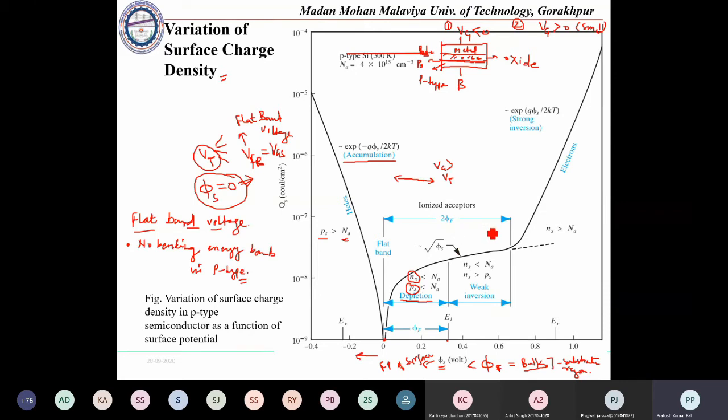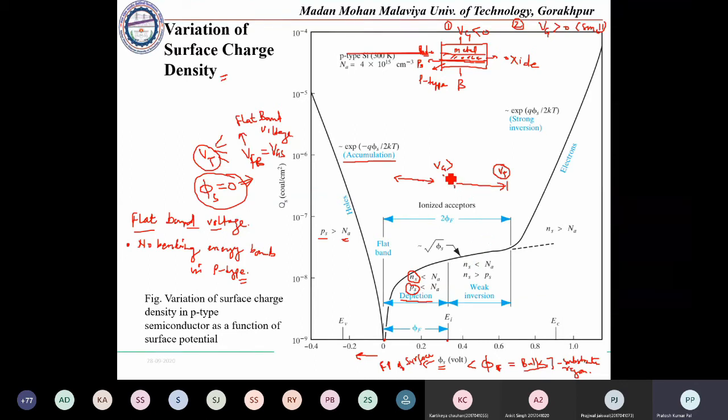When we increase the gate voltage further, we are going to have a weak inversion. There are two conditions, strong inversion and weak inversion. Up to the point where the applied gate voltage has not reached the threshold voltage, that will be considered your weak inversion region.